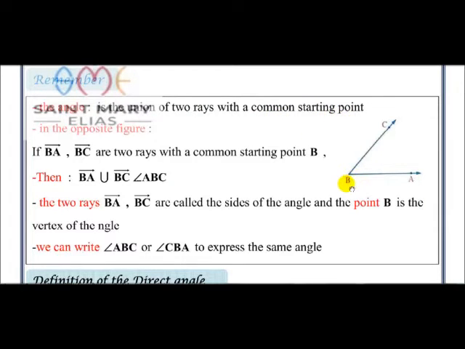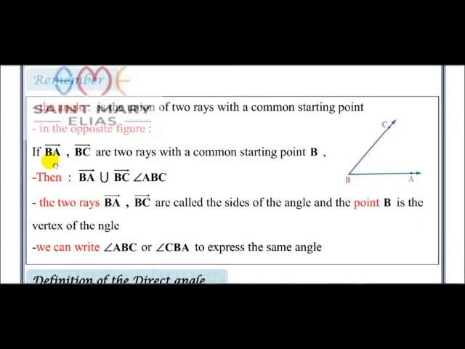My two rays BA and BC, we name them the sides of the angle. BA is one side and BC is the other side, okay? The union of the two rays BA and BC is the angle.